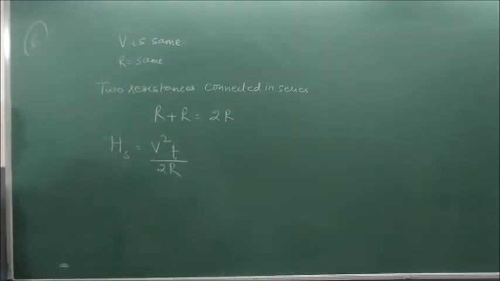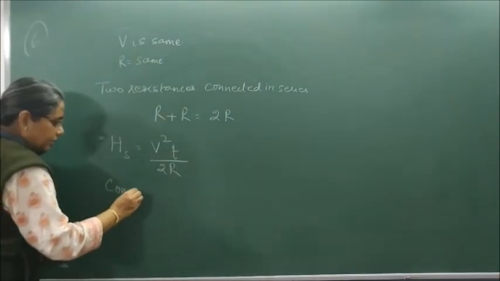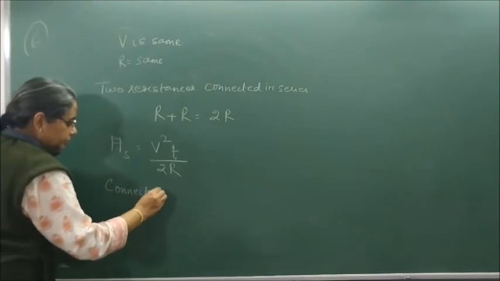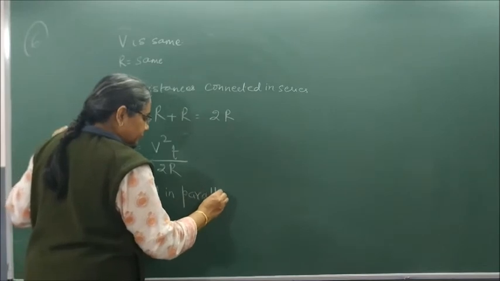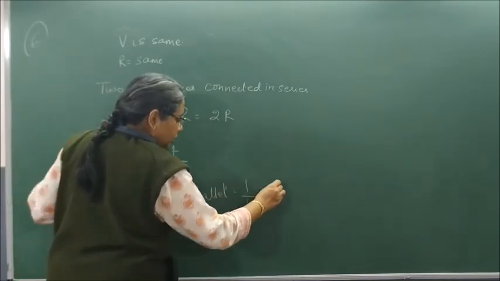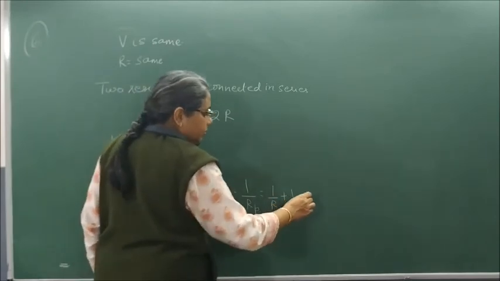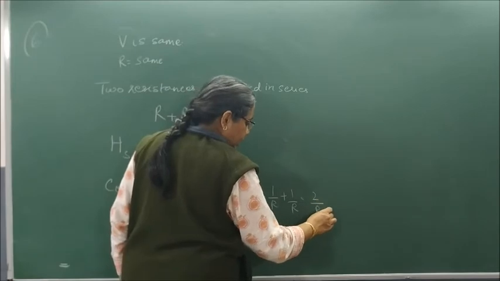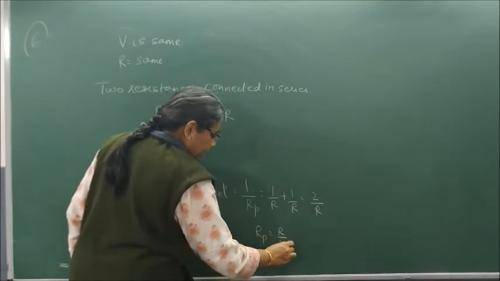Correct? Now two resistances connected in parallel. So 1 by R3 is equal to 1 by R plus 1 by R. So it becomes 2 by R. So R3 is equal to R by 2.